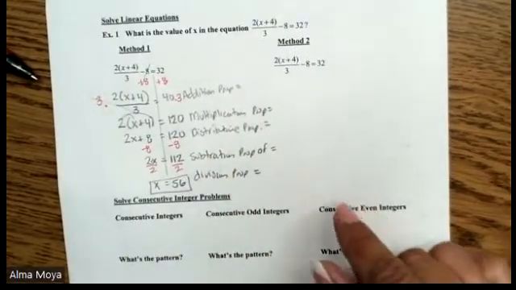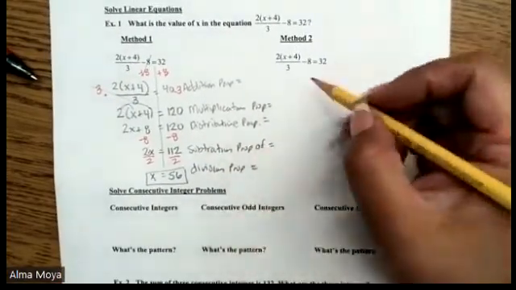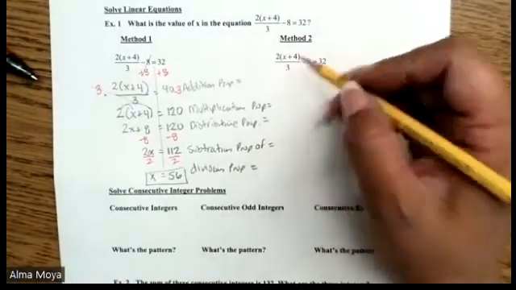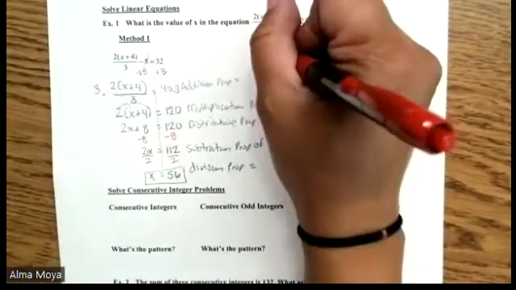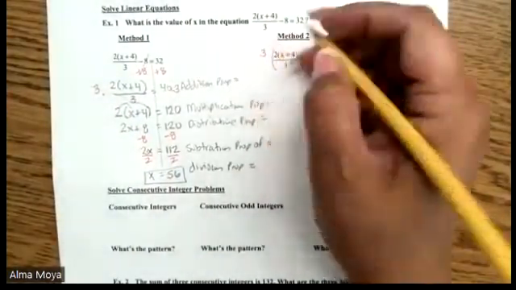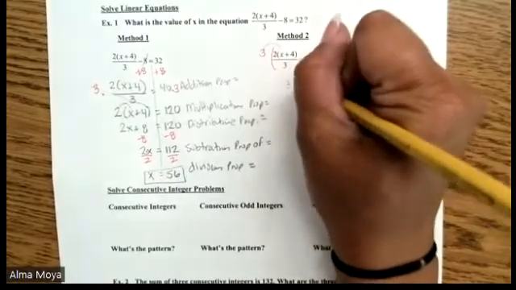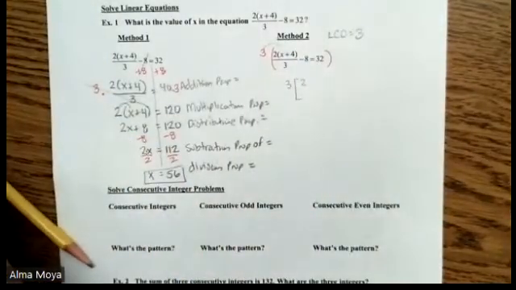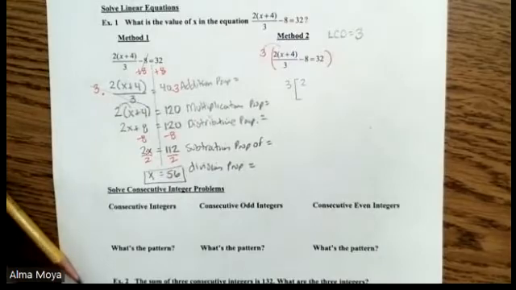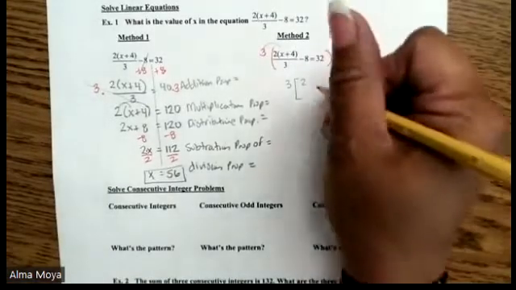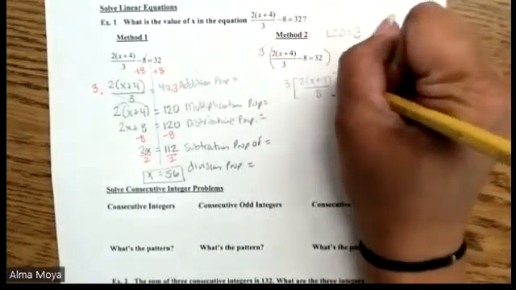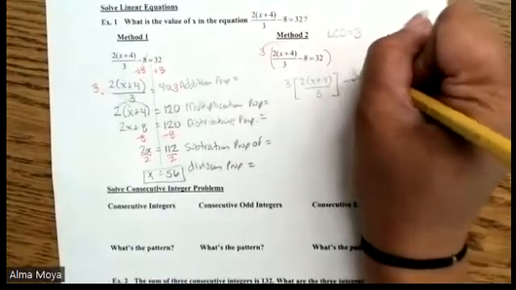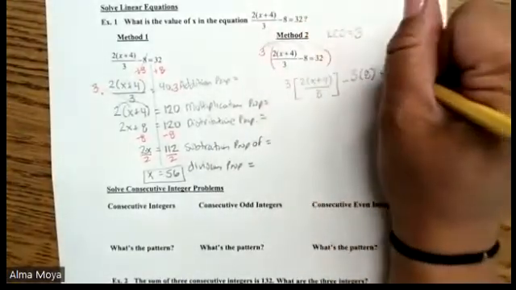So that's one way to do it. Another way to do it is by multiplying by that denominator, which is called the LCD. So I'm going to go ahead and multiply everything by the number 3. So I'm going to have 3 times 2 parentheses x plus 4 over 3 minus 3 times 8 equals 3 times 32.